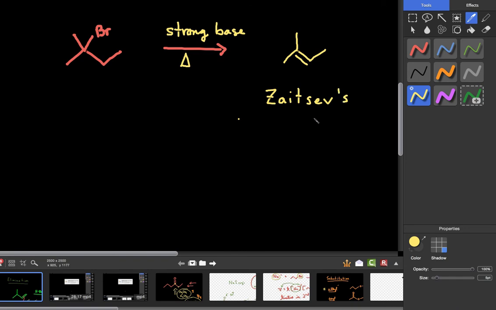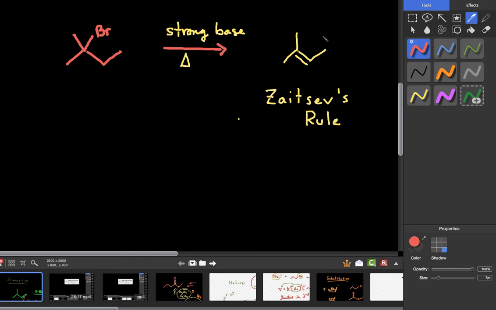And Zaitsev's rule is governed by the same stability criteria that Markovnikov's rule is governed by, and that's hyperconjugation. So the more internal the double bond, the more alkyl groups that are attached to the carbons in the carbon-carbon double bond.